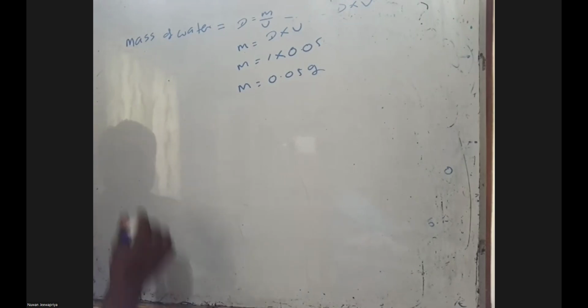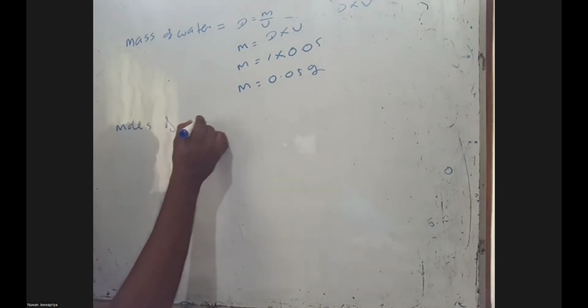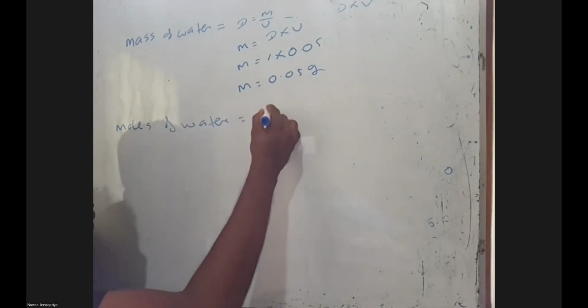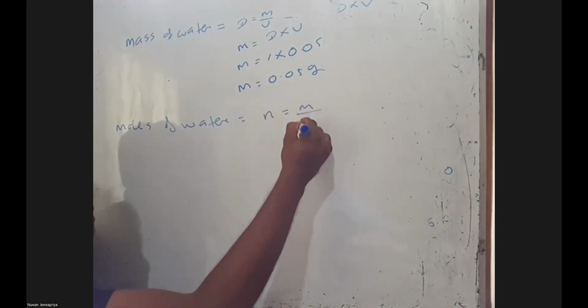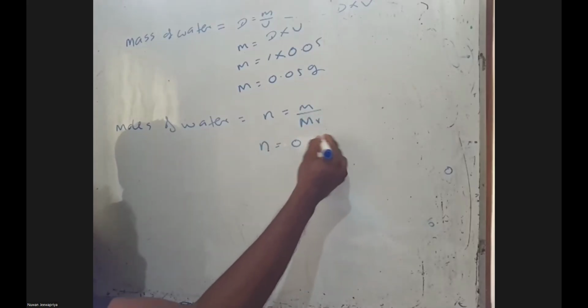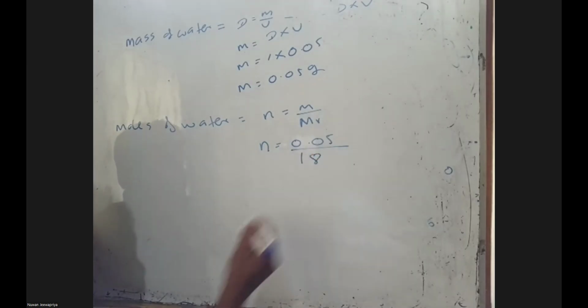So I will find the next one. Moles of water. How to find the moles of water? Moles equal mass over molecular mass. Mass is how much? 0.05. Molecular mass of water, you know that is 18. Right.